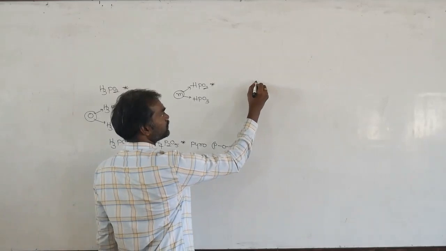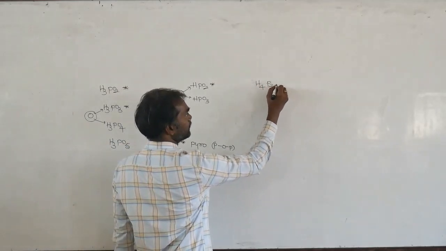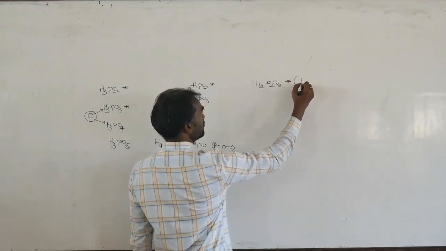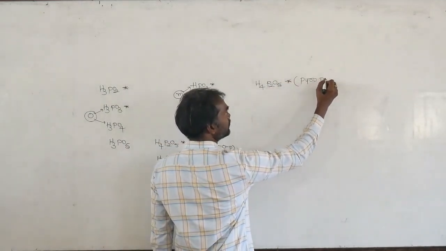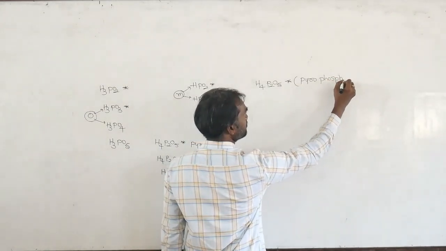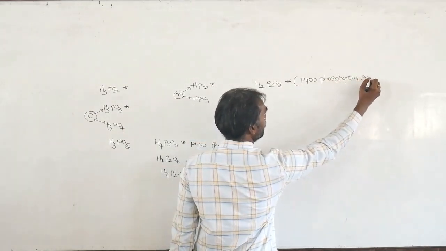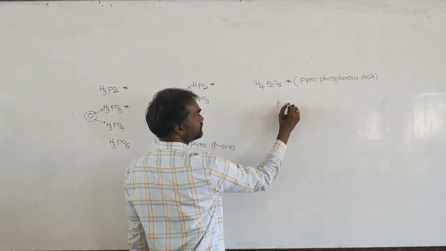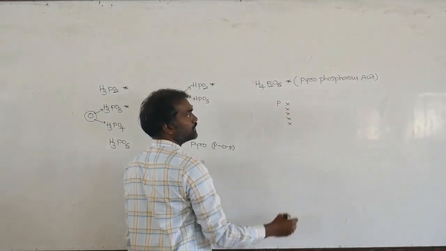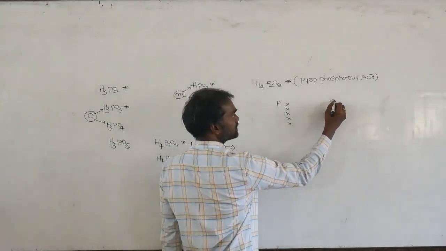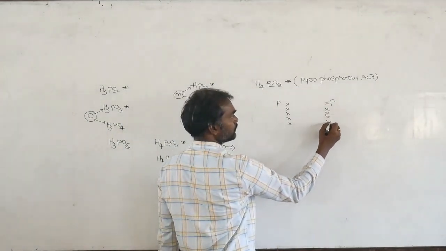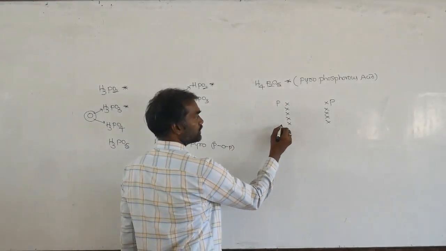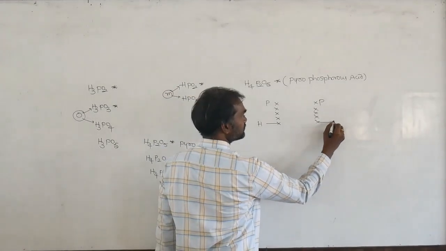So H4P2O5, and it is ous. So this is pyrophosphorus acid. So here you take 2 phosphorus. Phosphorus 1, 2, 3, 4, 5. Next another phosphorus you take 1, 2, 3, 4, 5. In this it is an ous acid, minimum 1 hydrogen directly connected to the center.